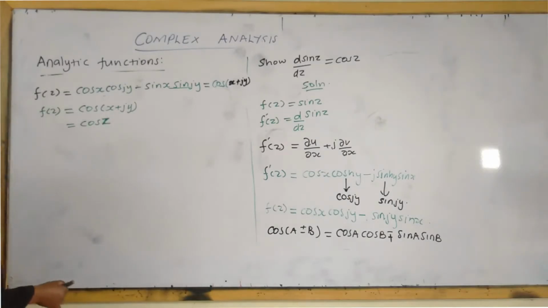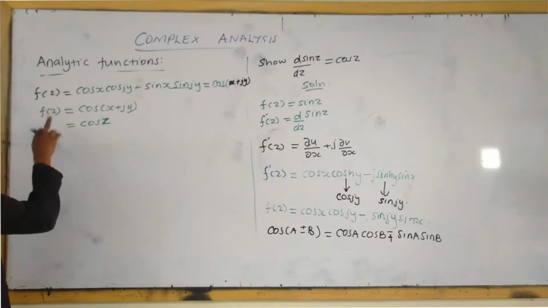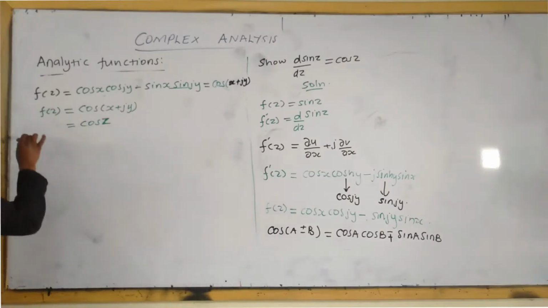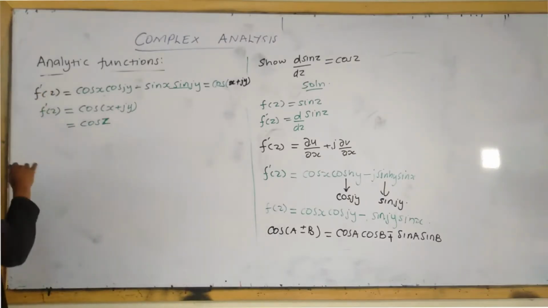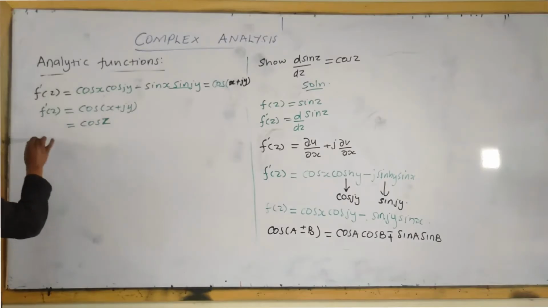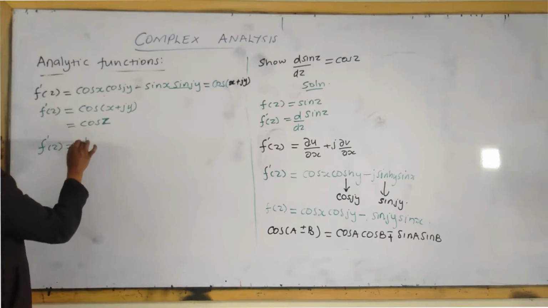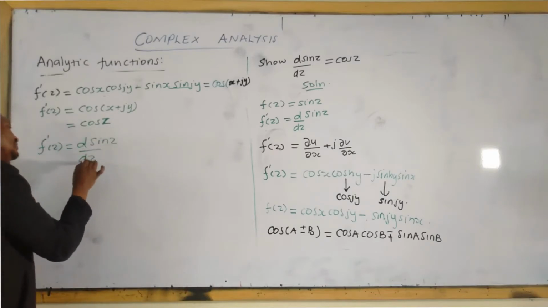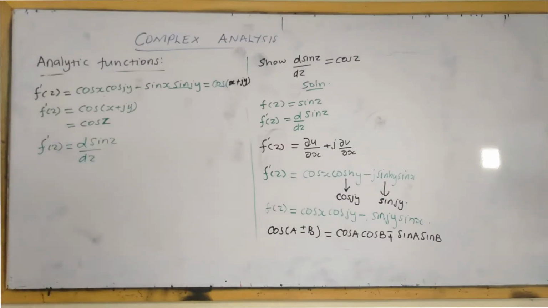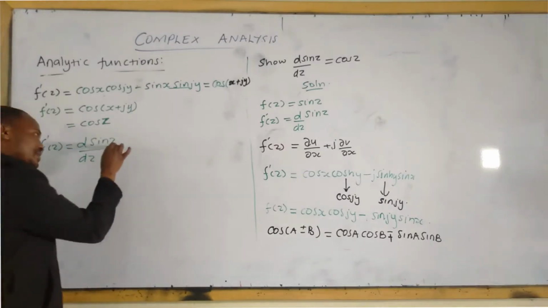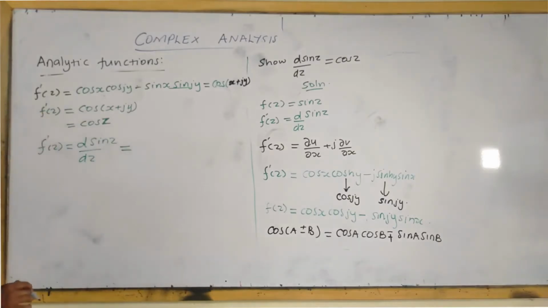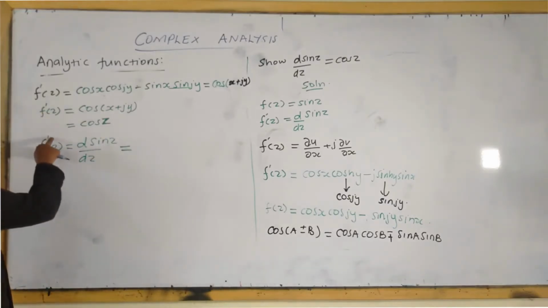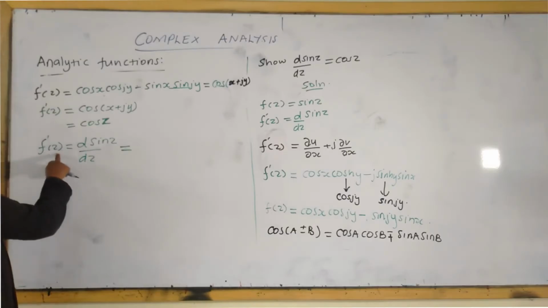So function z now, remember we had said the derivative of function z is equal to derivative of sin z with respect to z, which now becomes, see, derivative of function of z is cos z.